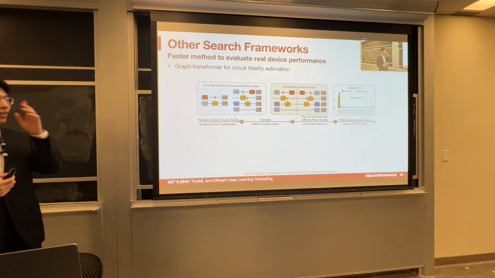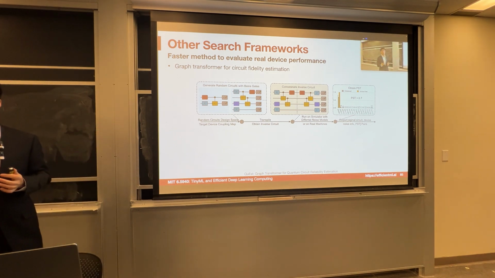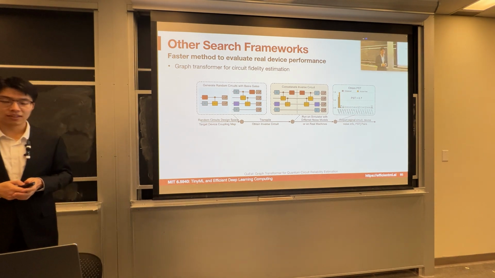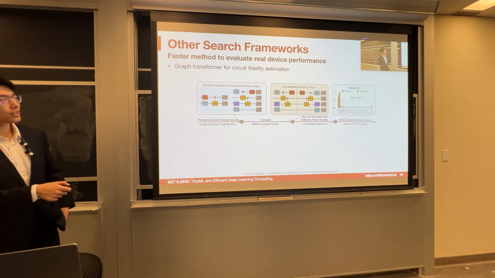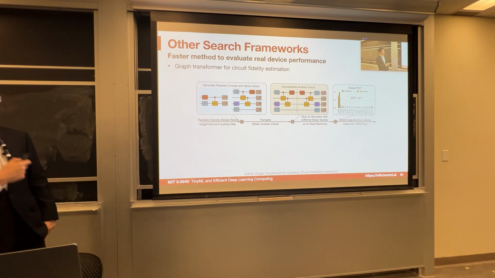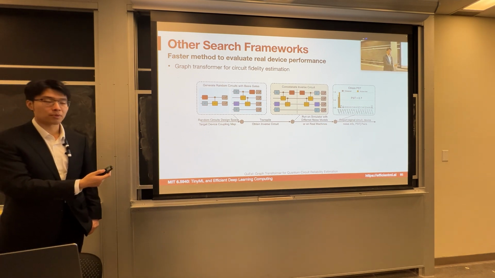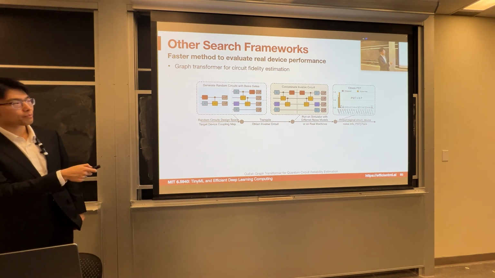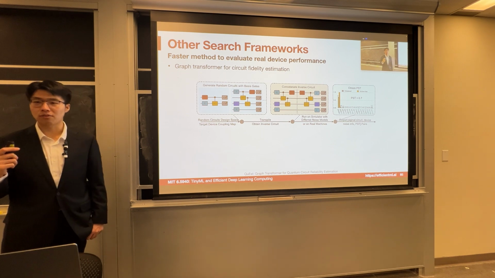The answer is yes. We can use a data-driven method to construct a model that can provide very fast feedback. For example, we can use a graph transformer model to process the circuit information, because the circuit can actually be represented as a control and dependence graph, right?